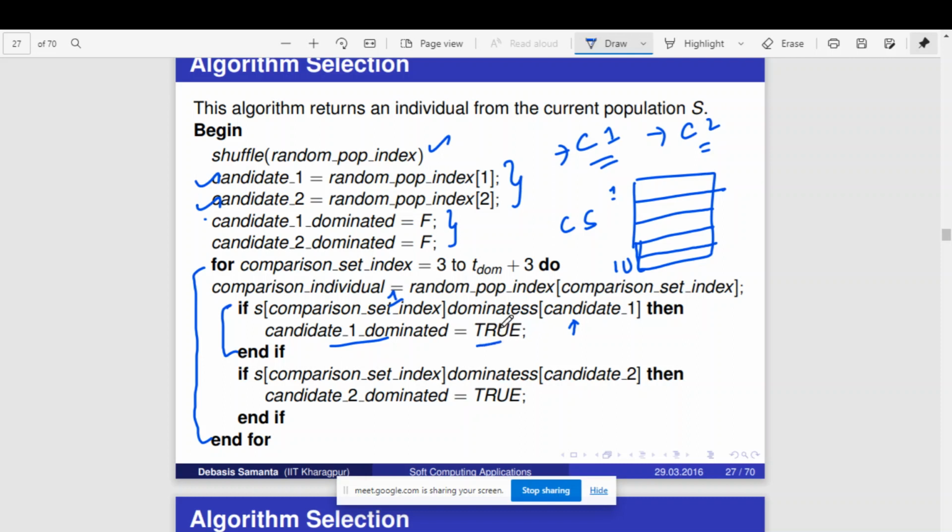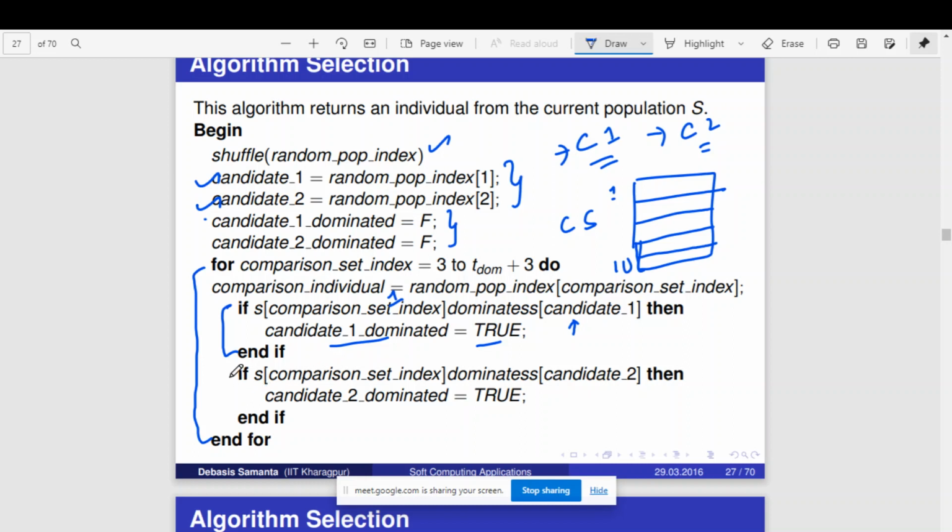Which means there is somebody who is dominating him. Even if this loop repeats for 10 times, if this condition is true even once, then candidate 1 becomes dominated. That is, he is not dominating the comparison set.